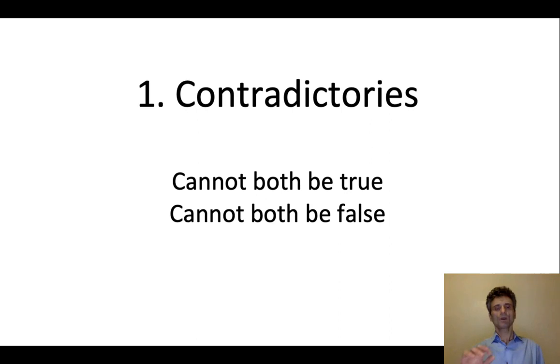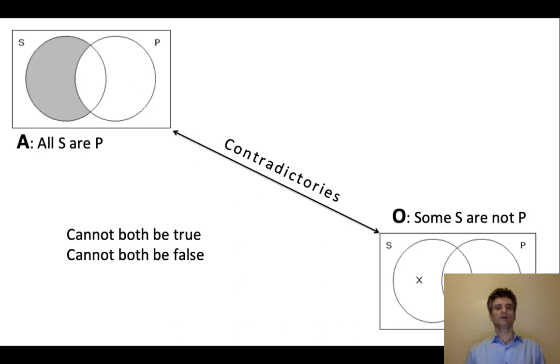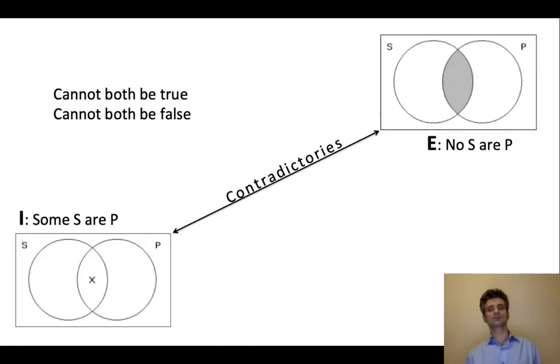The first one was contradictory. This relationship says that two categorical forms cannot both be true and cannot both be false. And if you recall, these were the universal affirmative and the particular negative, and also the relationship between the universal negative and the particular affirmative.